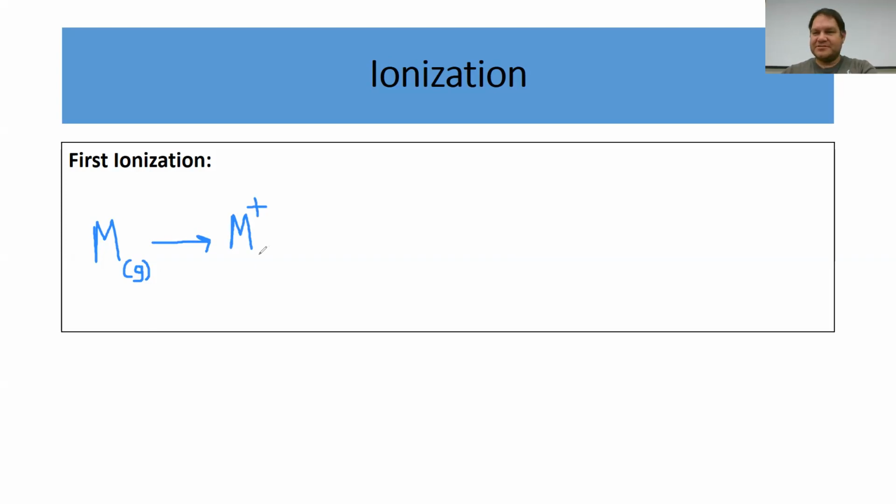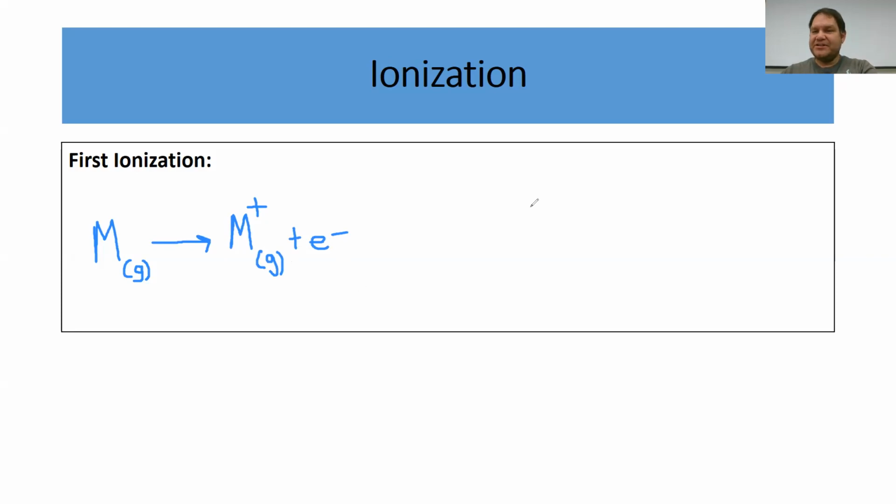Should make sense. It loses an electron, it's got to become an ion. It's going to be in the gas state still, and it loses that electron. We indicate that by the electron symbol, like so. So this is a generic equation for some metal losing an electron for its first ionization.